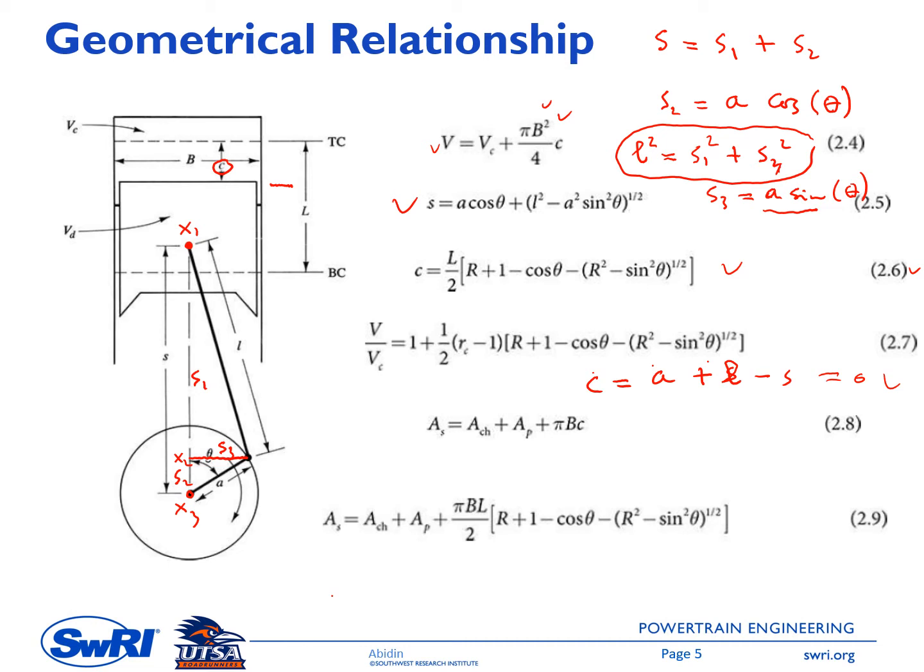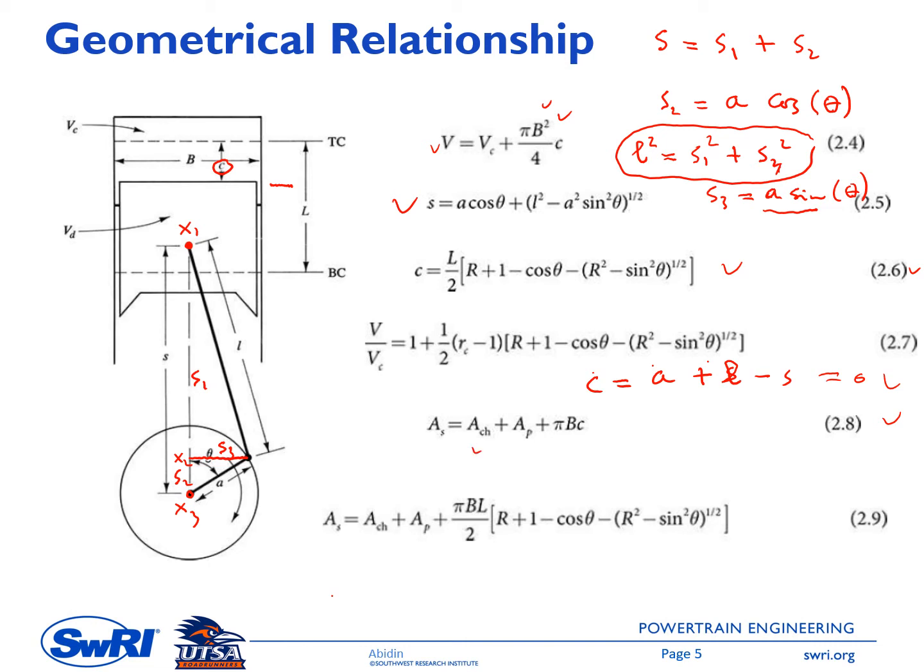Equation 2.8 here is showing the equation for the cylinder chamber area. So this area is very important when we deal with engine heat transfer. We will learn this in chapter 11. So the area of the cylinder chamber here is the sum of the cylinder head area.